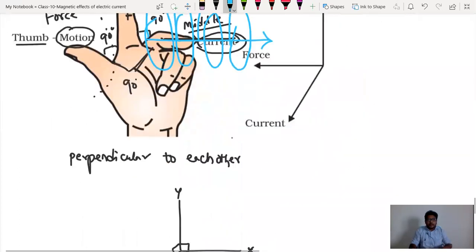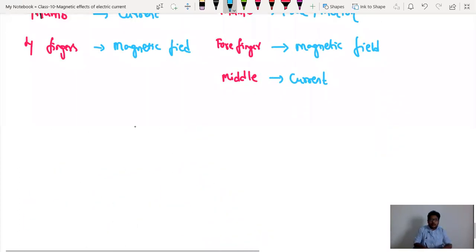This concept will be used in the working of a motor. For every device there will be principles, isn't it? A rocket works with the principle of Newton's third law, an aeroplane with Bernoulli's principle.